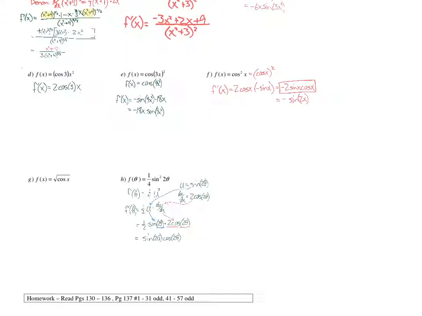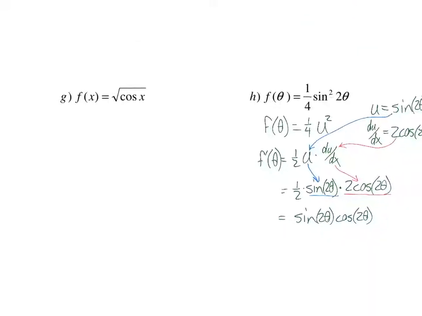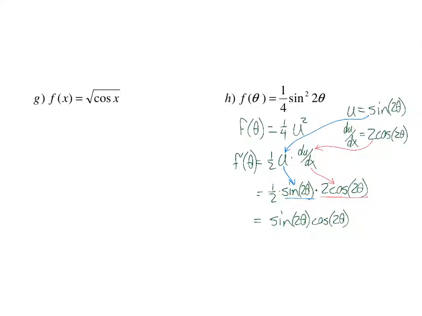Okay? And let's do our last one over here. Square root of cosine x, which of course is cosine x to the 1/2. So very similar to the last one we just did. F prime of x, the derivative of something to the 1/2 is 1/2 times that something to the negative 1/2, and then we've got to multiply by the derivative of the inside, which in this case is negative sine again.